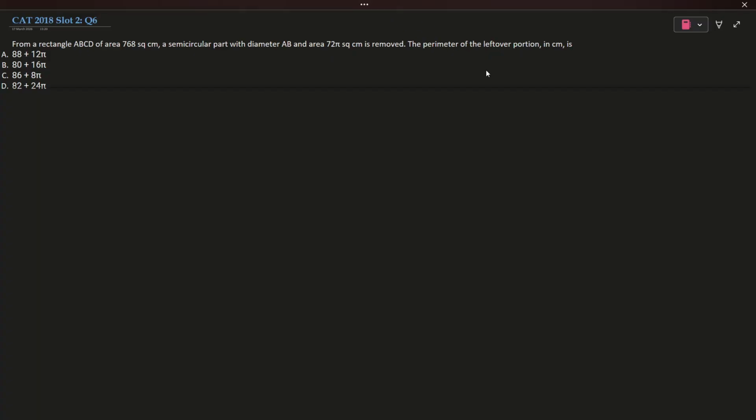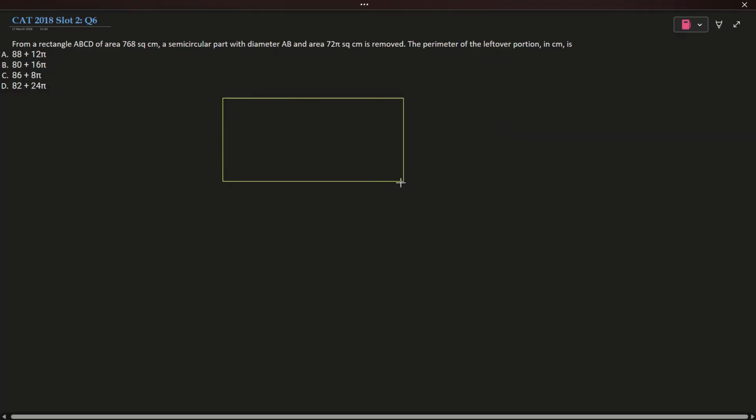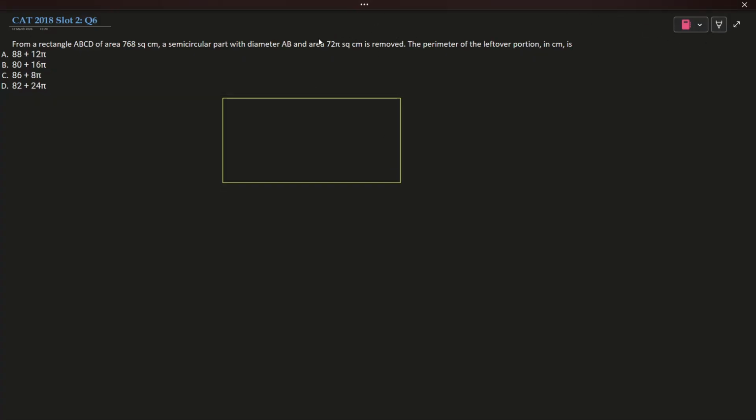Okay, so again a question from geometry. So again I will draw the figure. This is the rectangle. I have vertices A, B, C and D. Let's say this is the breadth B, this is the length L. So L into B is given as 768 square centimeters.